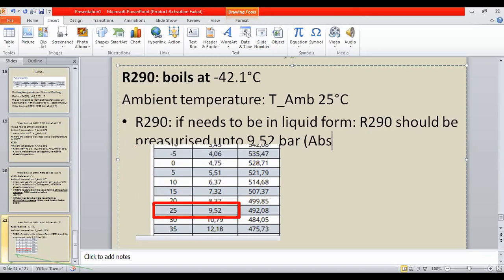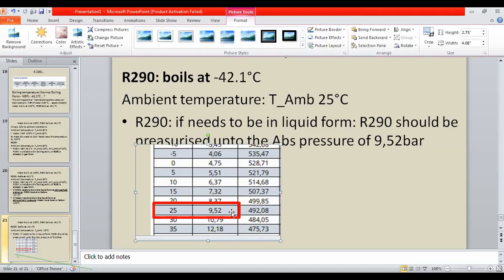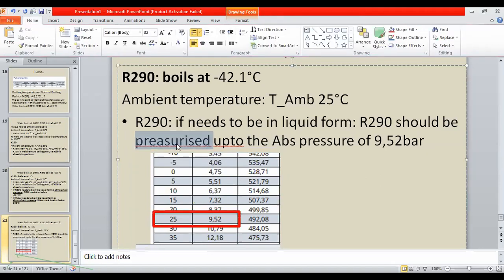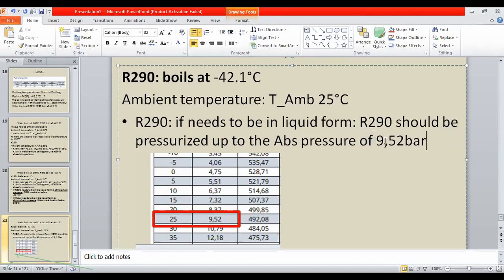Absolute pressure here, absolute pressure of 9.52 bar, up to the absolute pressure of 9.52 bar.